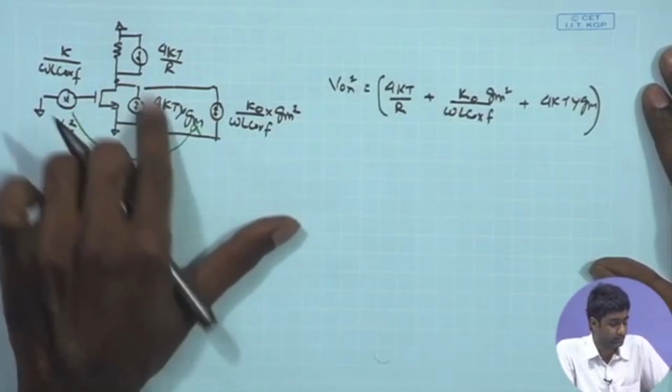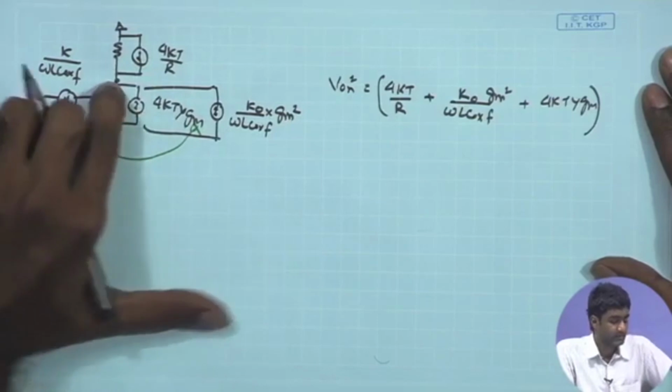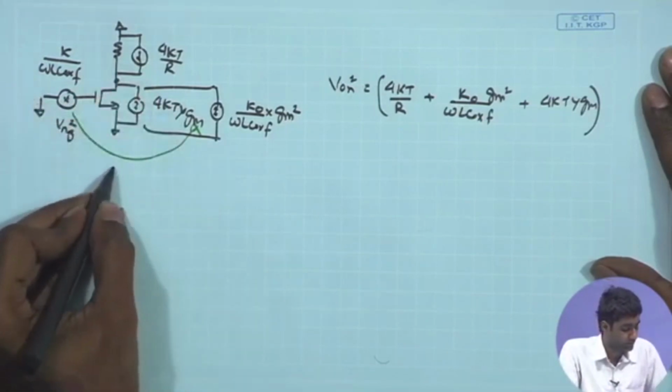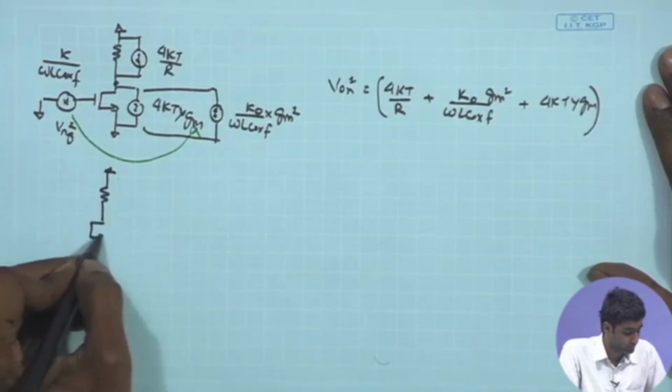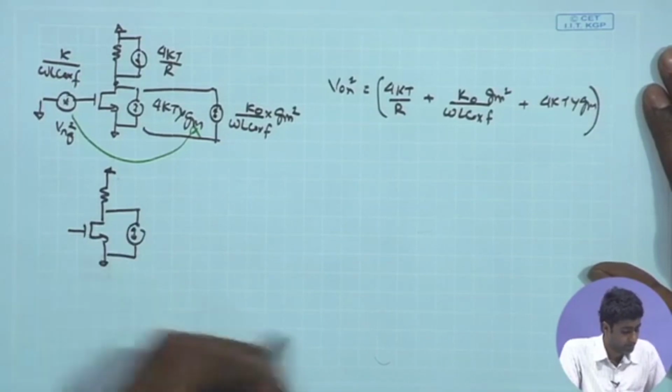So, these are the total current summed up, IN1 square, IN2 square, IN3 square, that multiplied by the total small signal resistance. This is nothing else but similar to our case where you have an overall resistance of the MOSFET, and in total you have some current coming over here.